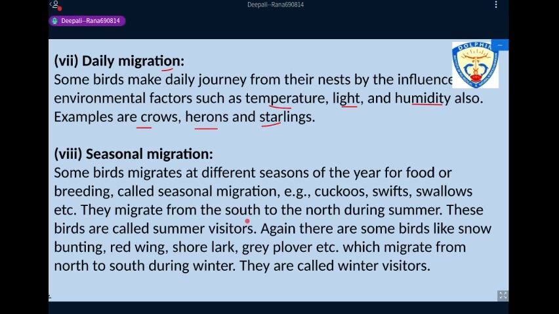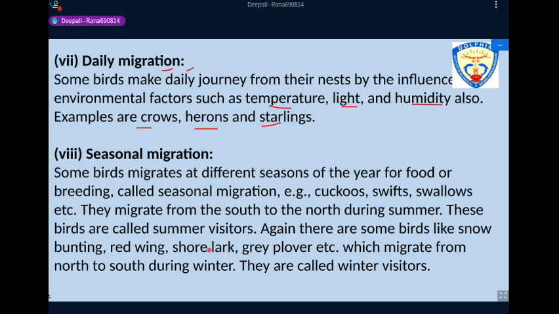You must have seen that during the morning certain species of birds fly up in the sky to a certain distance, and during the evening they come back to their nests. This phenomenon of daily migration is carried out basically for feeding purposes.